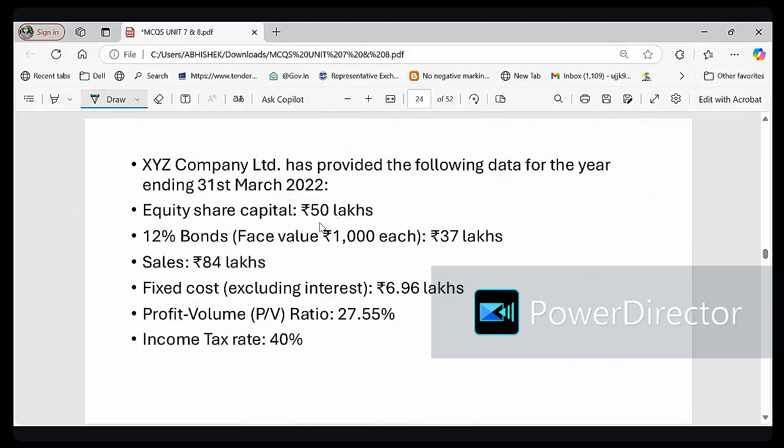Sales is 84 lakh. P/V ratio, profit by volume ratio, is 27.55%. Fixed cost excluding interest is 6.96 lakh, and 12% bond is 37 lakh. Face value is 1000. Equity capital is 50 lakh. Tax rate is 40%. So these are the data which is given.